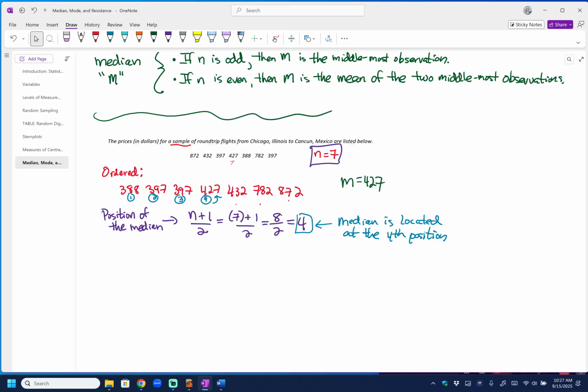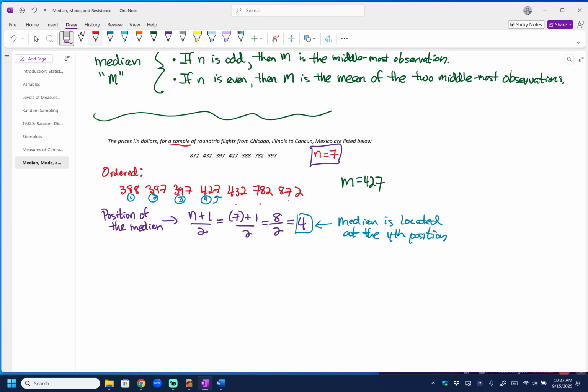Okay, so just to change things up a little bit, let's say for argument's sake that we're going to remove one of the flights. So let's say you go to log in to your flight booking website, and you find out that one of the flights is gone. It's filled.